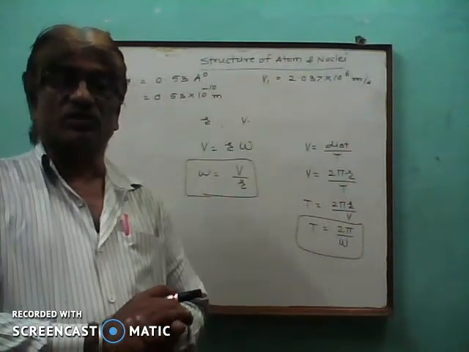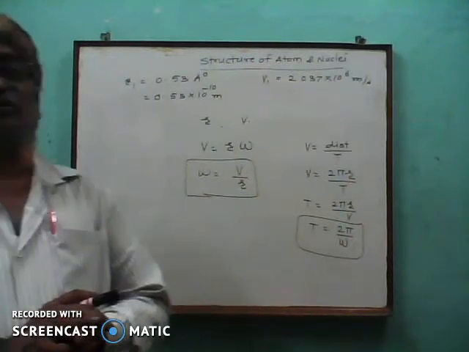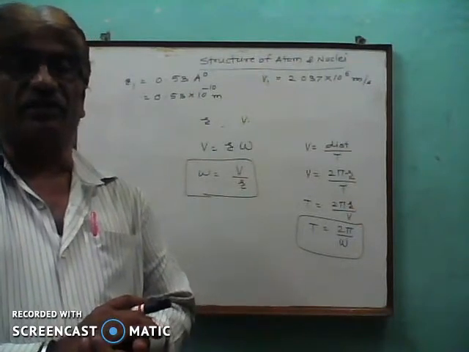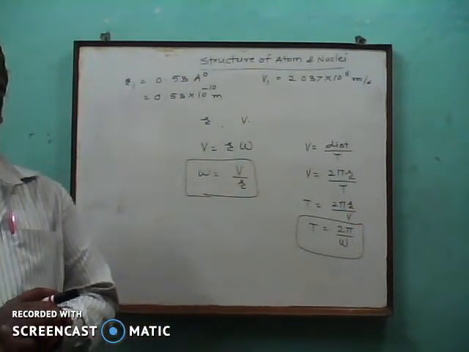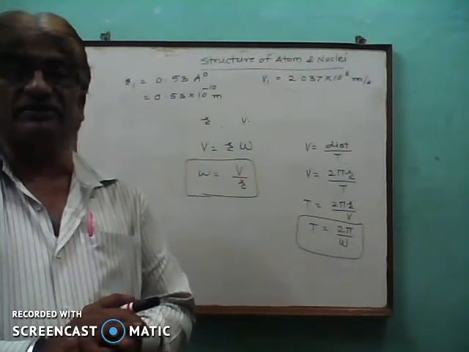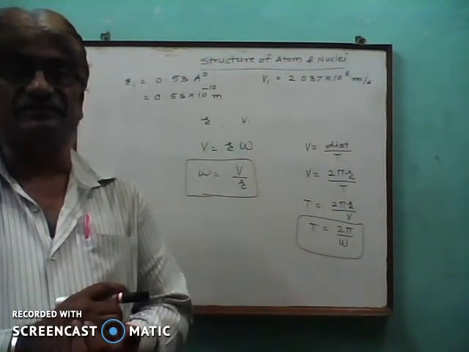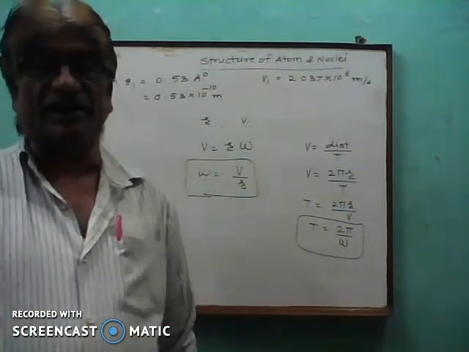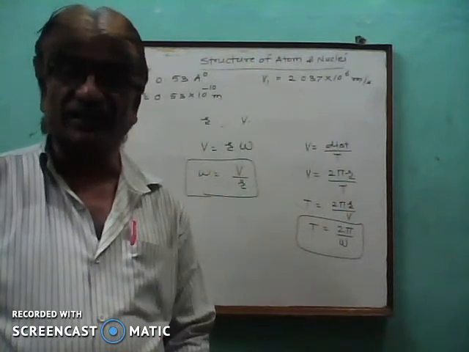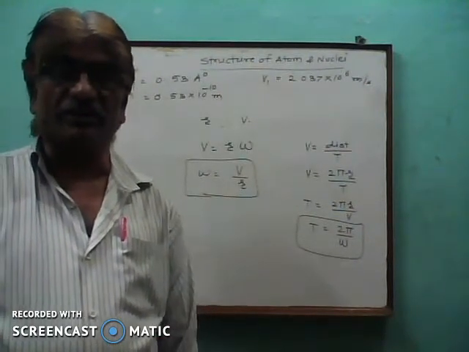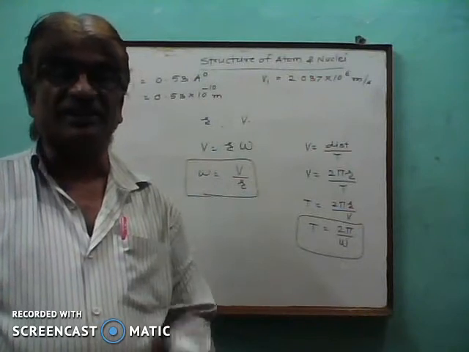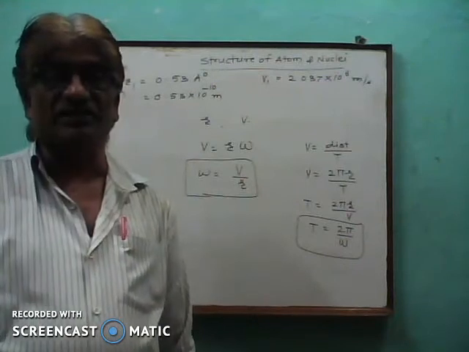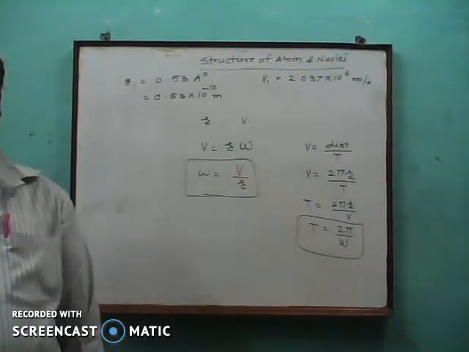Number one, a question may be asked: find the expression for the angular velocity of the electron in Bohr's theory of hydrogen atom. We read the book, and it is not there. How can we find it? We can find angular velocity as follows. In Bohr's theory of hydrogen atom, only one electron is present in the outermost orbit. This electron revolves in a circular orbit around the nucleus.